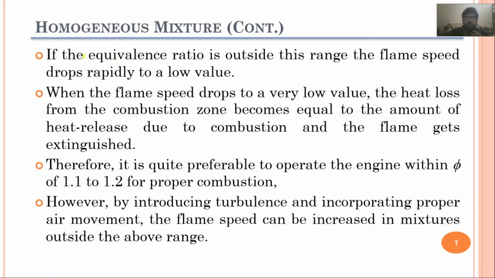And what happens if we have an equivalence ratio which is outside this operating range? The flame speed will rapidly drop to very low values, and when we go beyond the operating range, then this flame will automatically extinguish, and we will not have a complete and proper combustion.